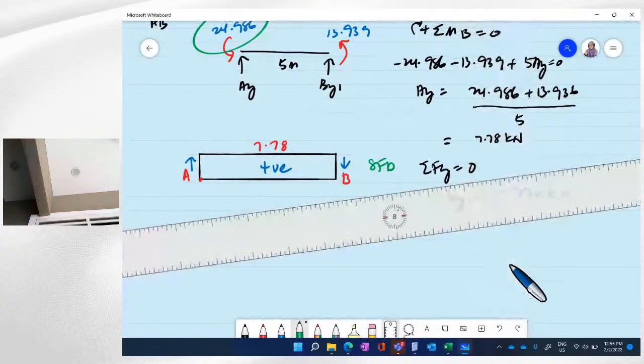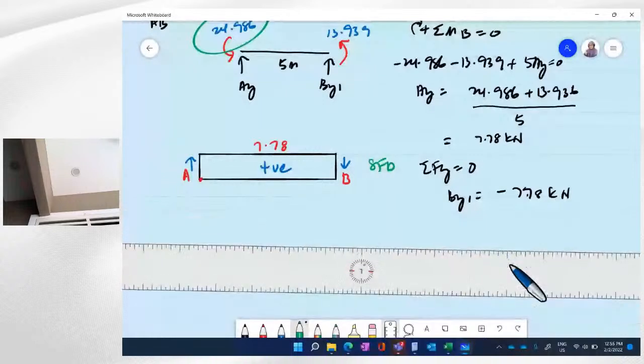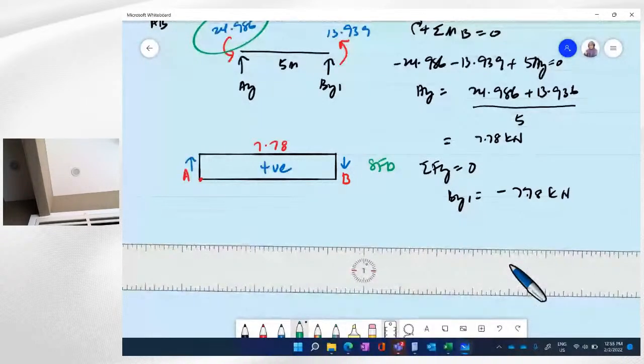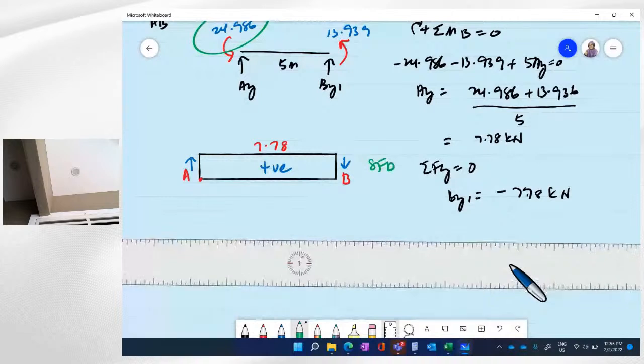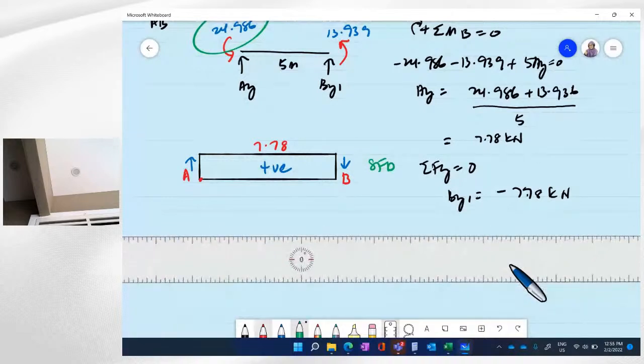So for member AB, okay, this is member AB. It is negative value, negative 24.